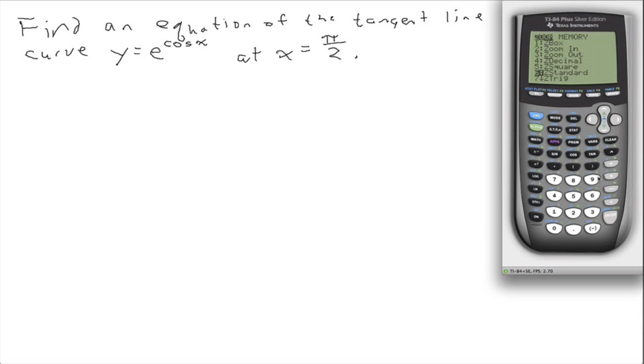Standard is the default. I guess it's the same. It's the same. It's just zoomed in. So no, it doesn't represent the slope. We're still graphing the original function. Changing the zoom doesn't change the function. It just changes how zoomed in you are. It's a lot like zooming in and out on your own drawing program. Okay. All right.